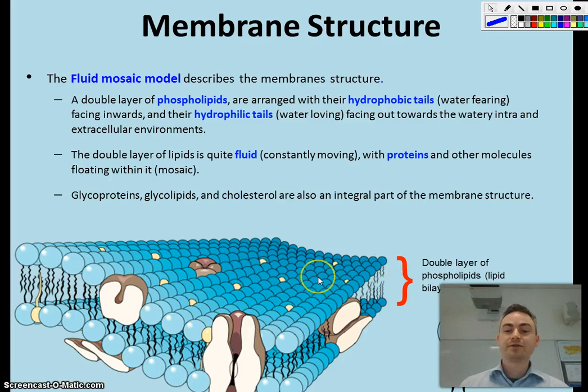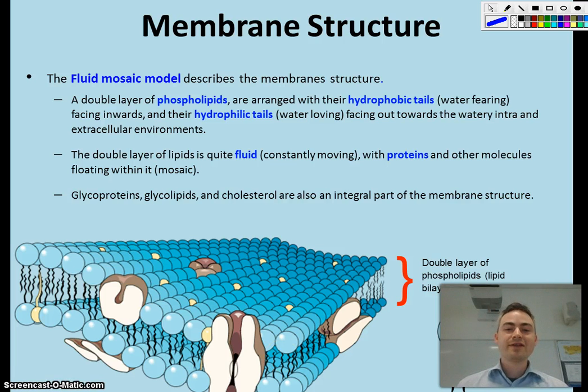These phospholipids are arranged with their hydrophobic tails facing inwards, so squiggly little tails all face inwards of the two opposing layers, and their hydrophilic heads, the things that don't mind water, they're water loving, face outwards because those outer environments, so the environment outside the cell and the environment inside the cell, are watery, and so it makes for a nice happy medium for this structure, allows it to be very stable and sound.